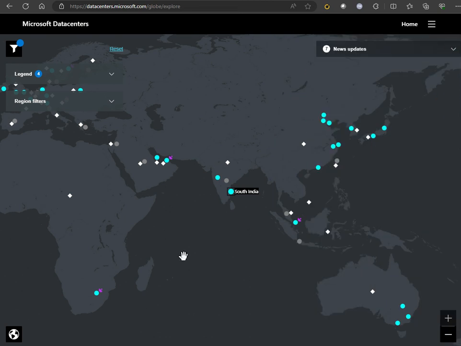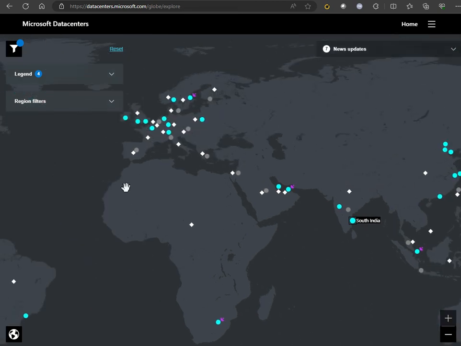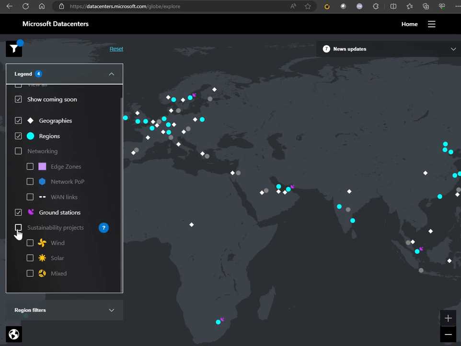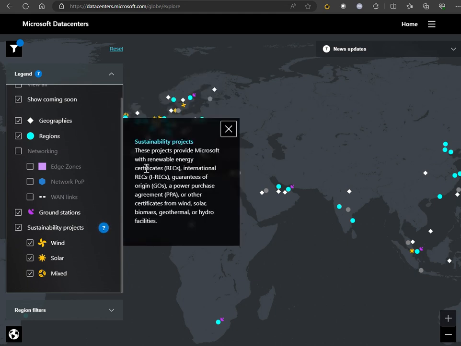There are some important things, like sustainability projects. These projects provide Microsoft with renewable energy certificates, international RECs, guarantees of origin, and power purchase agreements.